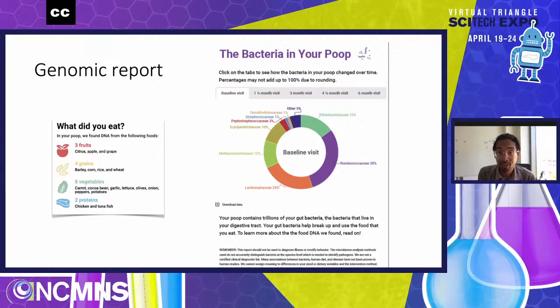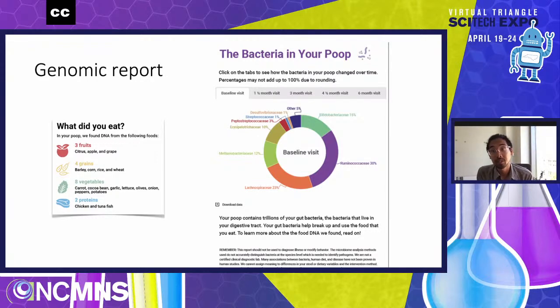So it turns out, another thing to think about is that everything we eat, unless it's just a mineral or a salt, comes from something that was alive, and all living things have DNA inside of them. And one of the things that we've learned is that the same kind of DNA sequencing technology that we use to count bacteria can also be used to count food that we eat.